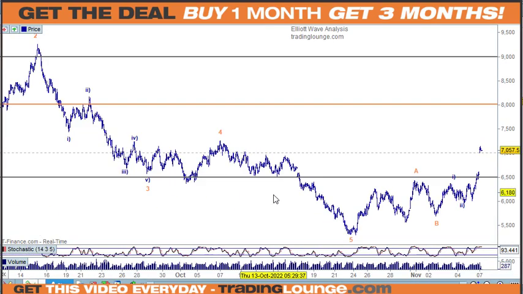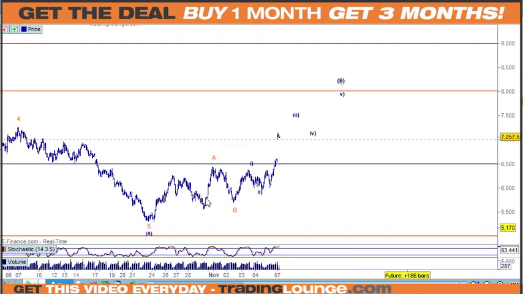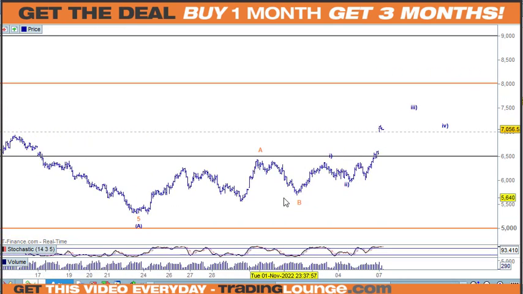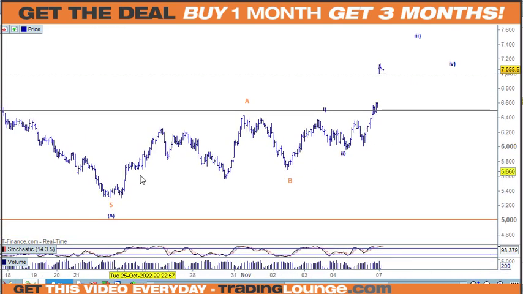The 2k we're on. Okay, so this is the B wave going up. In this case, because it never really counted as 5 waves here, I have pulled it apart again, and I've got 5 waves out of it, and I'll show you that. But I feel like I'm squishing it up a little bit.